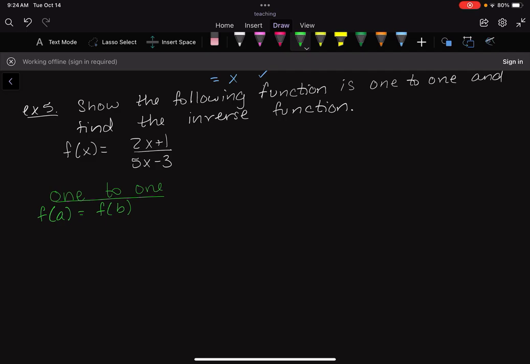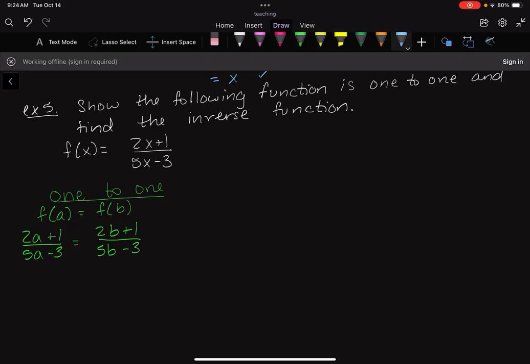So I'm going to plug in a, so that would be 2a plus 1 over 5a minus 3. And then on the other side, I'm going to plug in b, so I get 2b plus 1 over 5b minus 3. And now we need to simplify this.